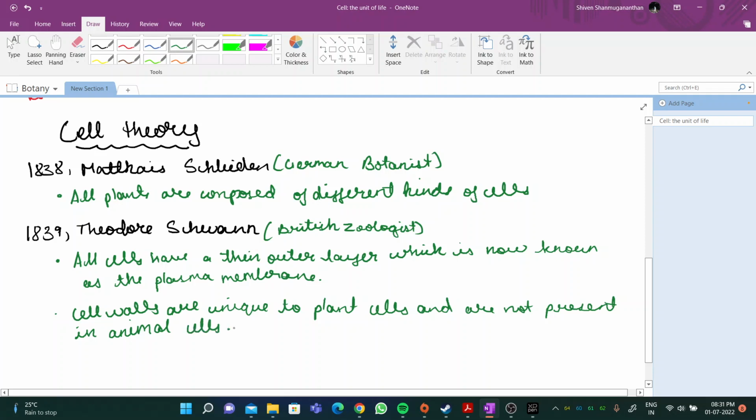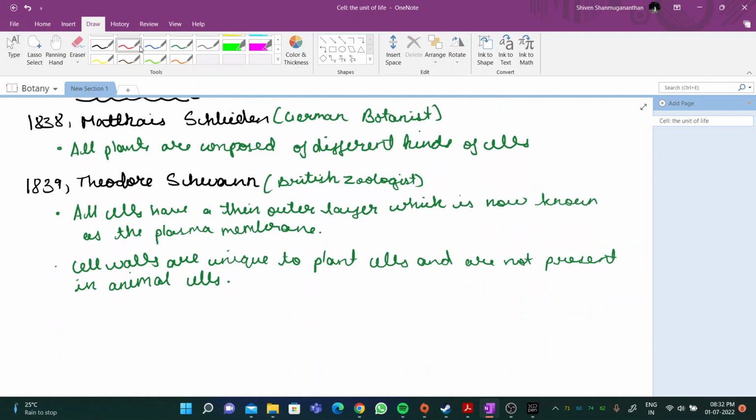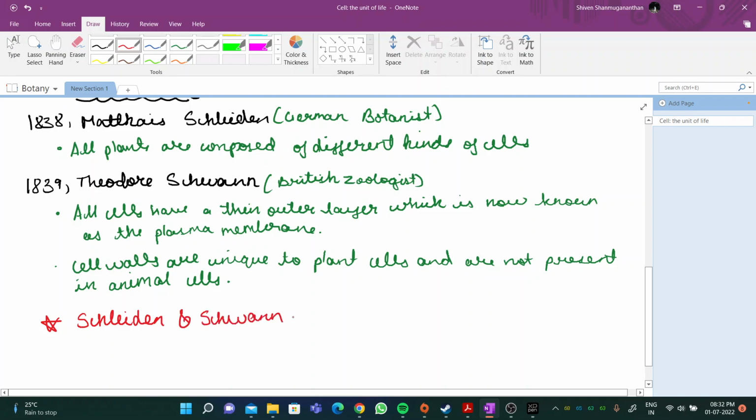Okay, now based on this, they formulated the cell theory. Okay, so let me write that statement down as well. Let's make a handy dandy star here. Schleiden and Schwann together formulated the cell theory.